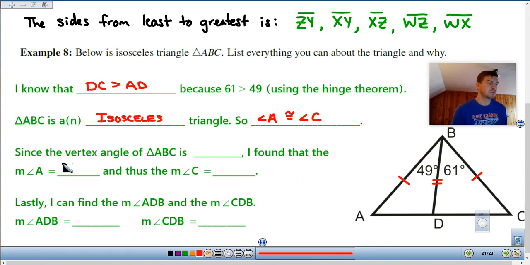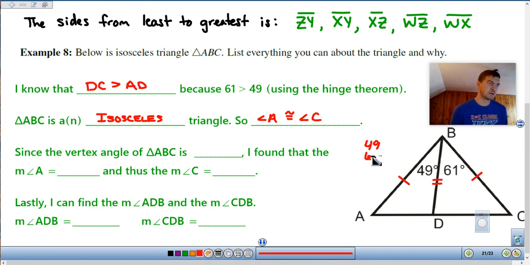Since the vertex angle of triangle ABC, that's this guy, is blank, I found that measure of angle A equals blank and the measure of angle C equals blank. So we can actually figure out those measures. Since the vertex angle is, well, the total is 49 and 61.